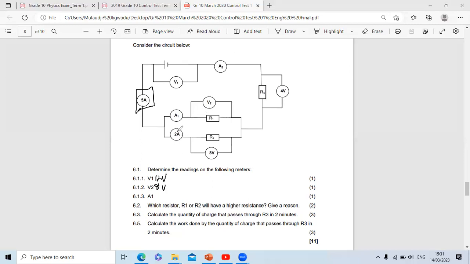Since these resistors are current dividers, the current going up here is not equal to the current going down here. So these currents are not equal, but the sum of these currents, when you add them together, is going to give you 5 amperes. So you're gonna take your 5 amperes, subtract your 2 amperes, and you're gonna end up with a 3 ampere reading on A1.